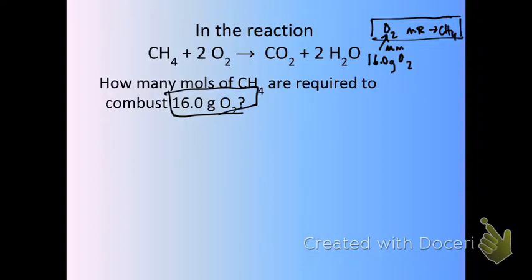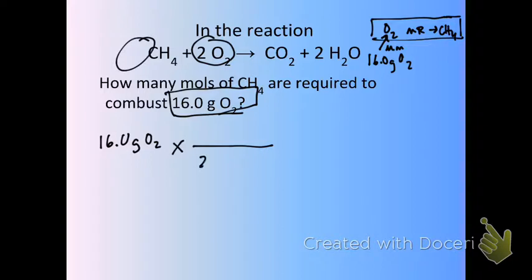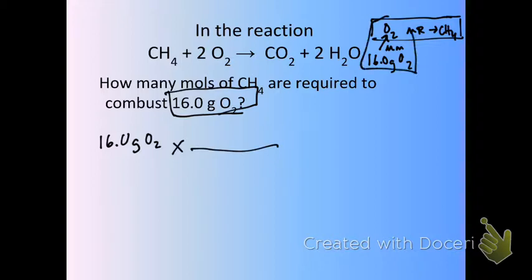Now, the box helps you change between different products or different reactants. So if I start with 16.0 grams of O2, so for every 2 O2, I have 1 CH4, right? Oh, I'm sorry, I already skipped. We got grams, so what do we have to do first? We have to convert to moles. So I'm doing this first step here. There are 32 grams of O2 in 1 mole of O2. Remember, O2 is diatomic. So that gets me moles of O2.